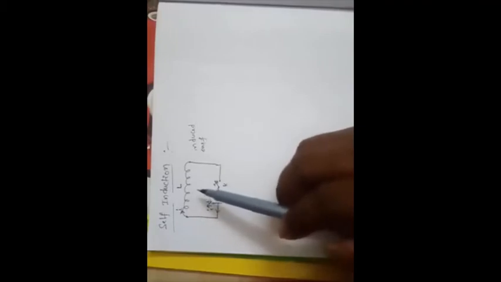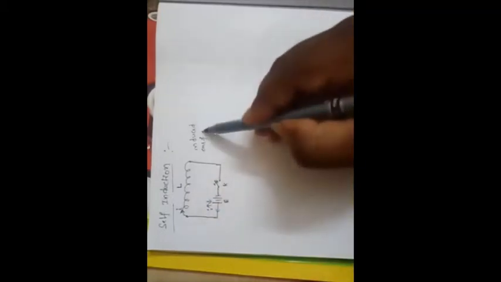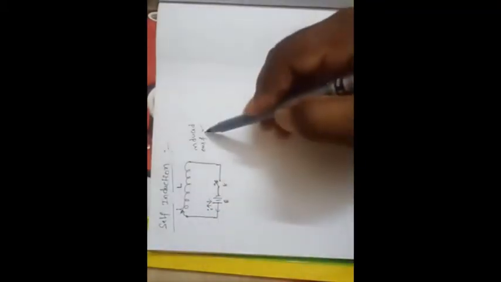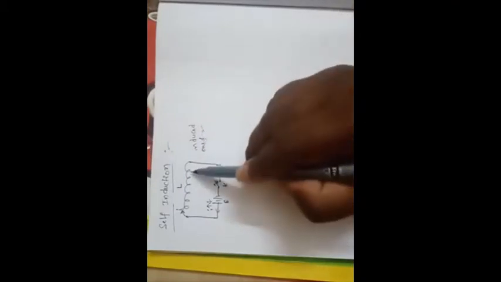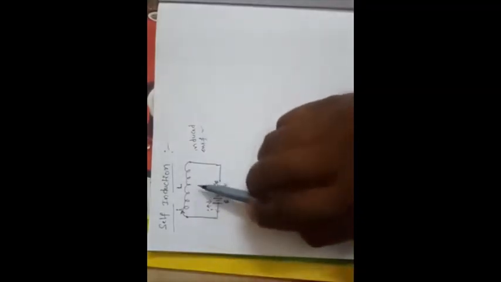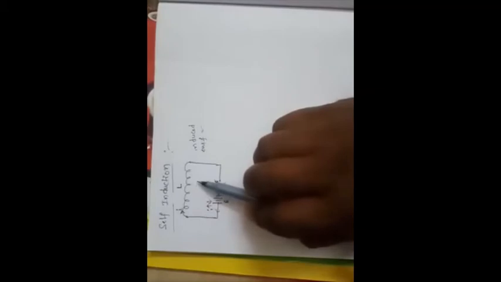So again the flux is changing, and a flux change always produces an induced EMF. This induced EMF is produced in the coil in such a way that it opposes the decay of current. Decay of current means a decrease of current.